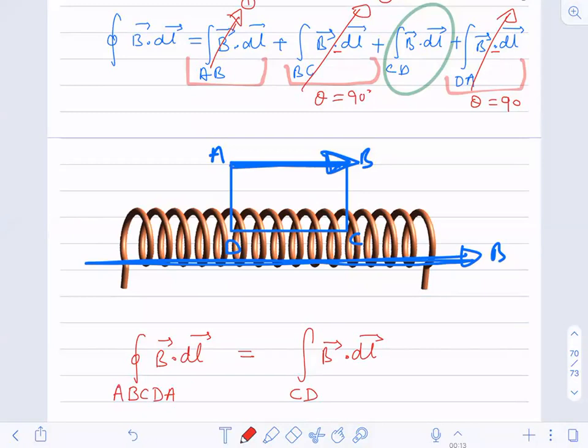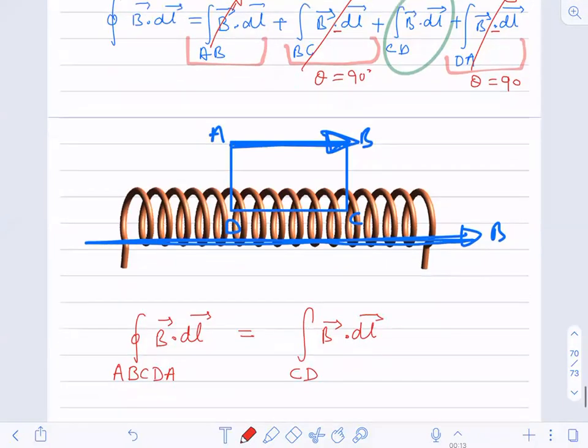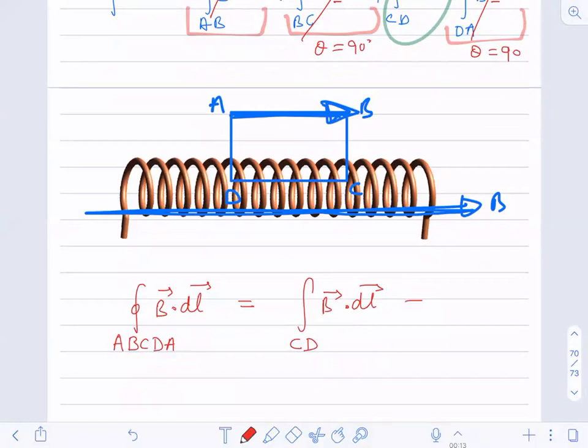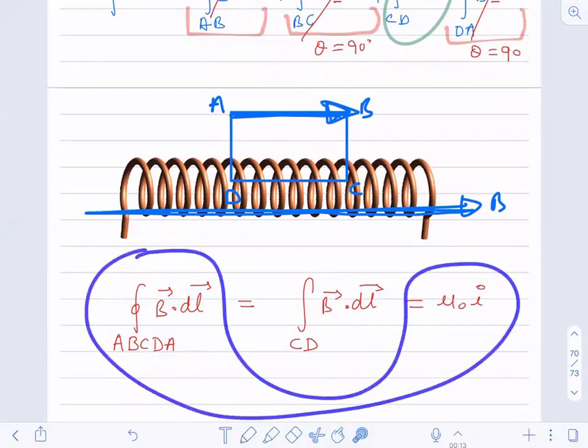Is it okay? Fine. This is equal to what? Mu naught I. Yes or no? I'm equating this too. The integral of B dot dl over CD.